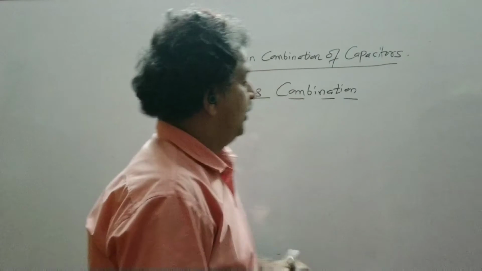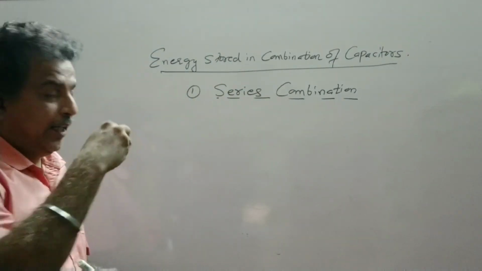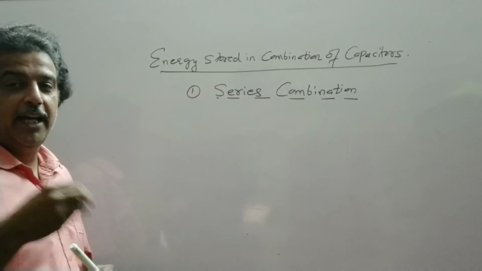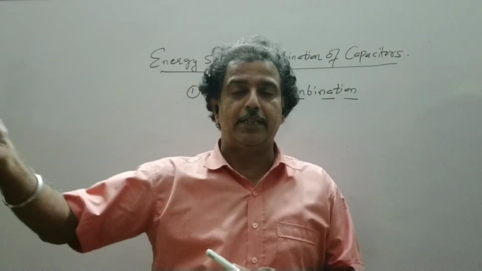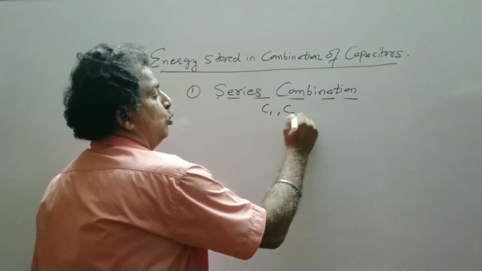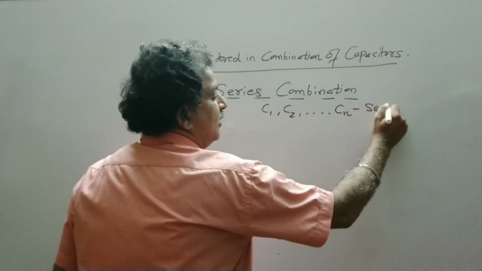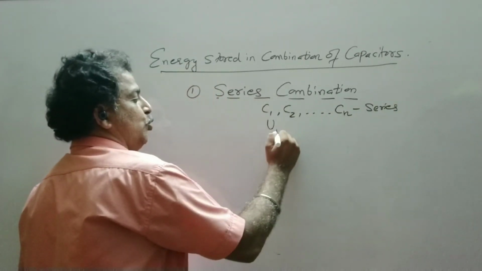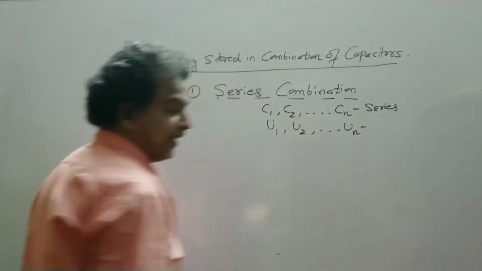So if n capacitors are connected in series, you have C1, C2, C3, ..., Cn connected in series, and the energy stored is U1, U2, ..., Un respectively.